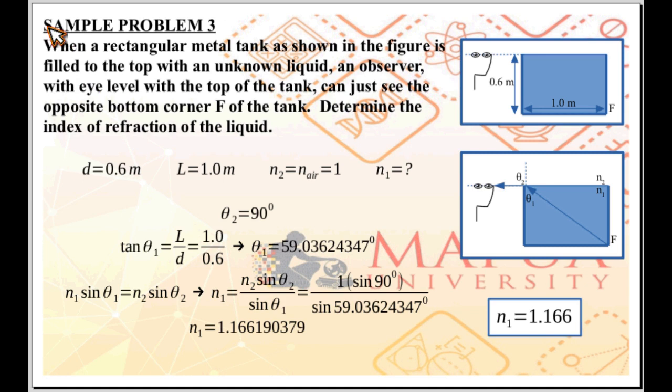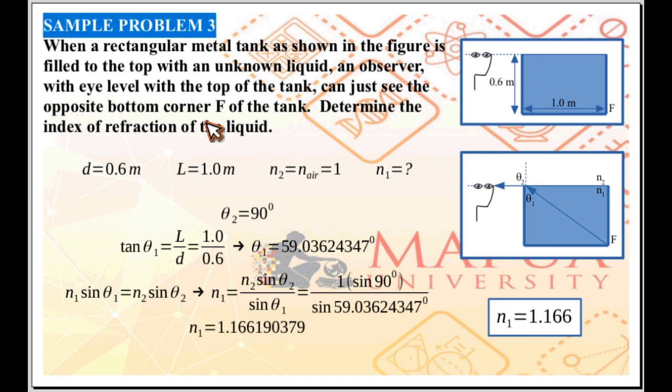Moving on to the next example, we have sample problem number 3. A rectangular metal tank, as shown in the figure, has a depth of 0.6 meters and a length of 1 meter.